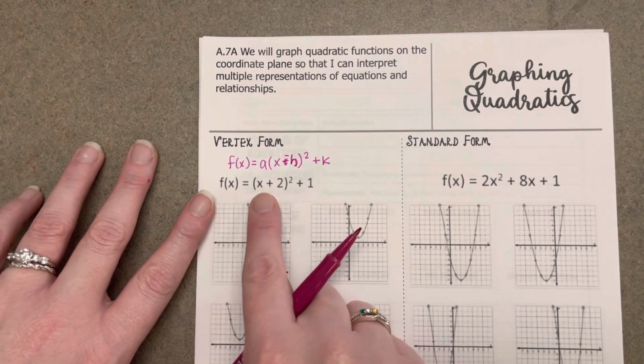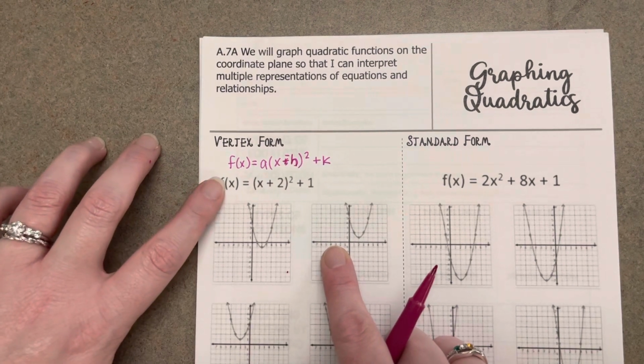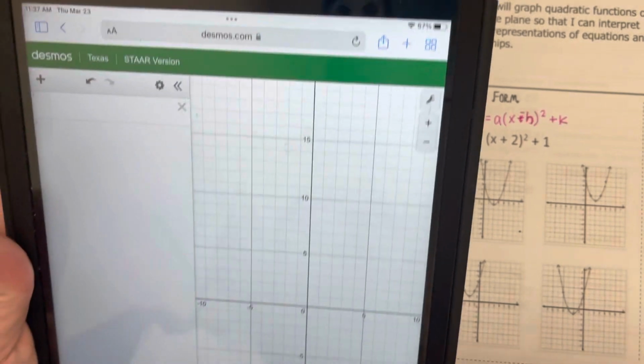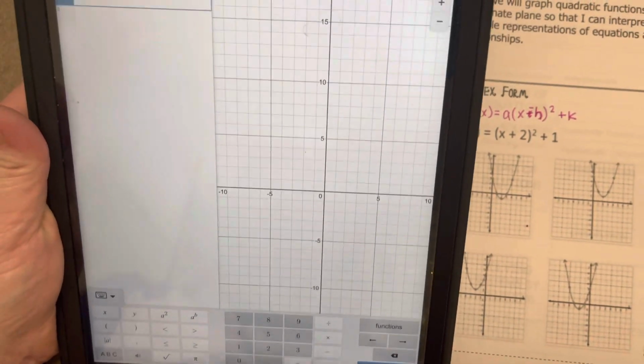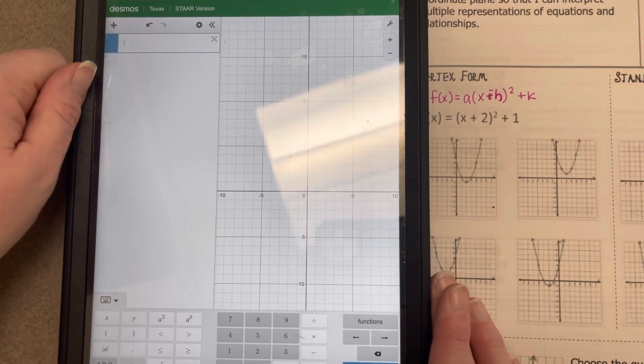Now to figure out which of these graphs this equation represents, we're just going to use Desmos and type it in. So I'm going to go to my Desmos, and in that first box, I'm going to type in exactly what I see on my paper, and pardon the glare.